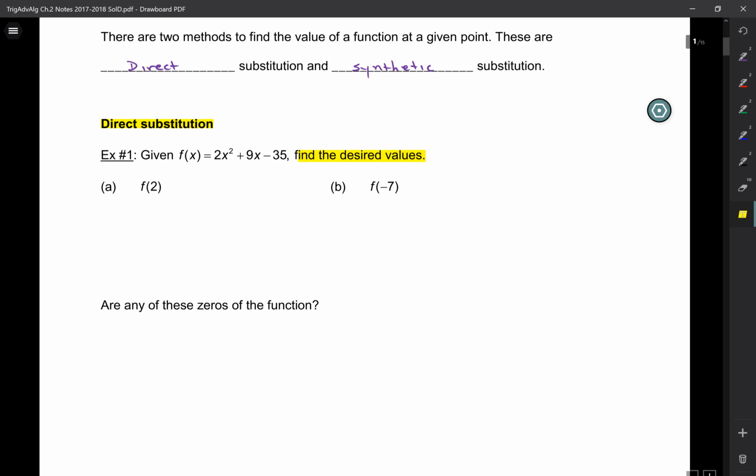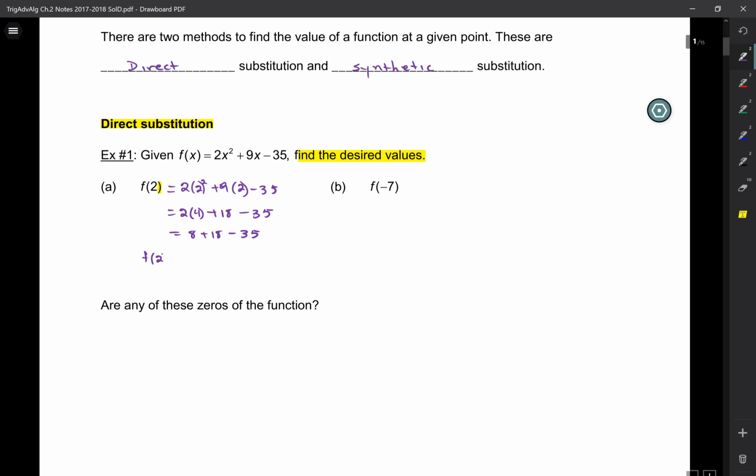So I have f of x. f of x is 2x squared plus 9x minus 35. I need to find f of 2. So when x equals 2, what is the y value, right? So direct substitution will be, just plug it in: 2 times 2 squared plus 9 times 2 minus 35. This is 2 times 4 plus 18 minus 35. 8 plus 18 minus 35.